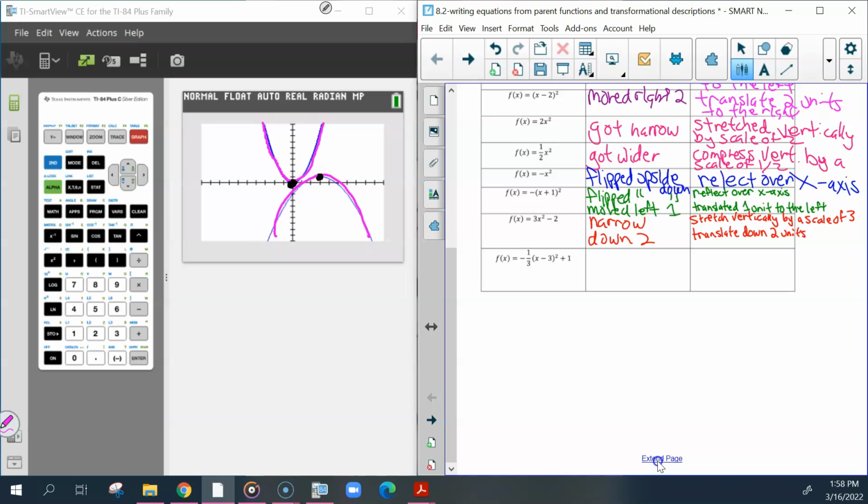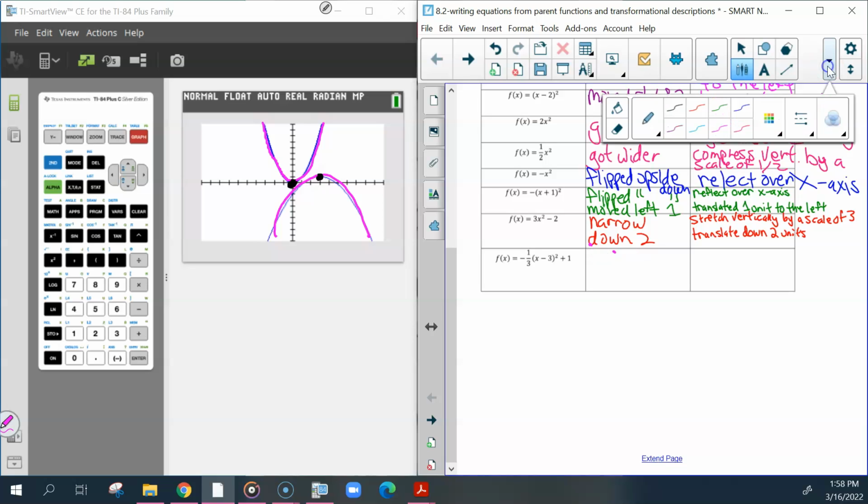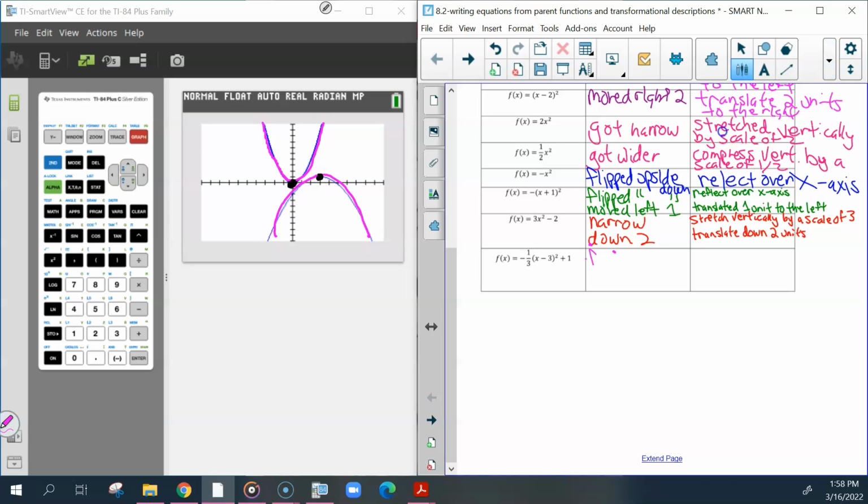So this got wider, moved right, and moved up.